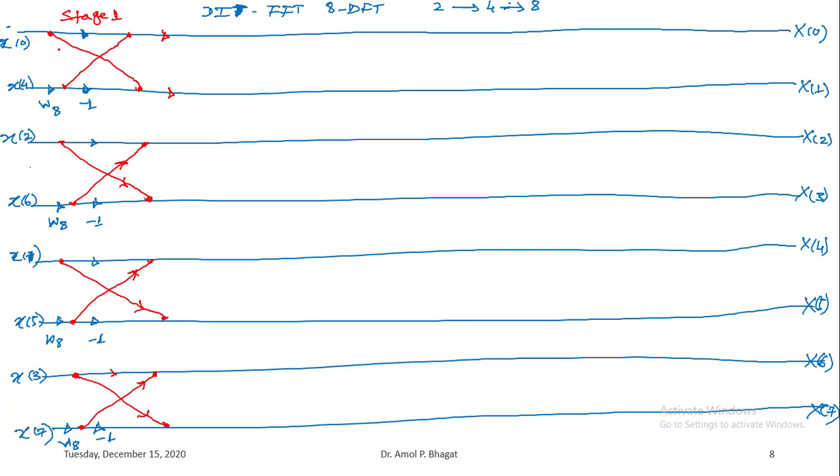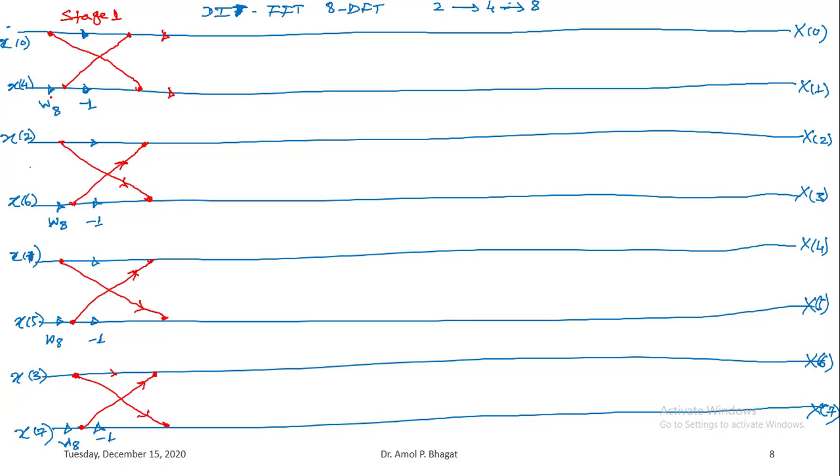Here if you look at each of these basic structures, you are simply computing 2 point DFTs. Everywhere you are computing 2 point DFTs, so if you look at them in this order, the inputs are x of 0 and x of 1, as you are computing 2 point DFTs. Out of x of 0 and x of 1, only x of 0 is there in the case of a 2 point DFT.